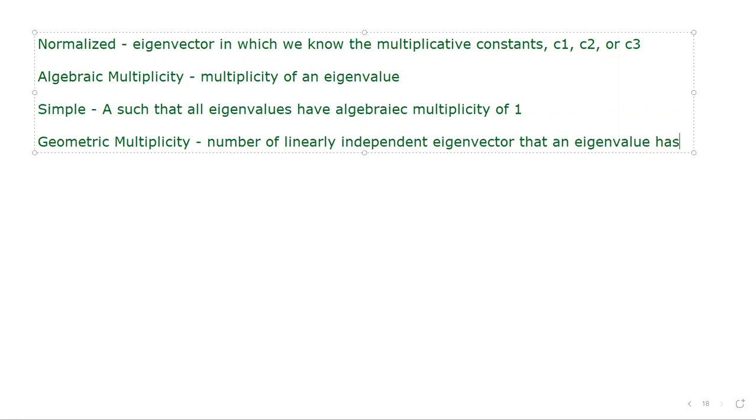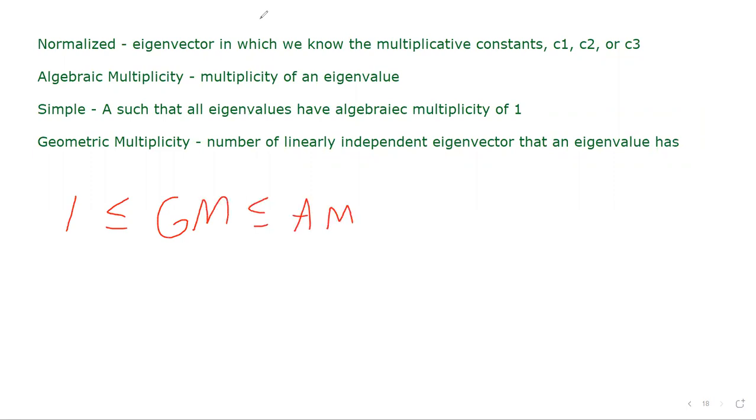So this number is not always the same as the algebraic multiplicity. So it's going to have at least 1, but then the geometric multiplicity could be less than the algebraic. So even though an eigenvalue is in there twice, it might not have 2 linearly independent eigenvectors, and we'll see that later on. And then we'll look at how we're going to handle that.